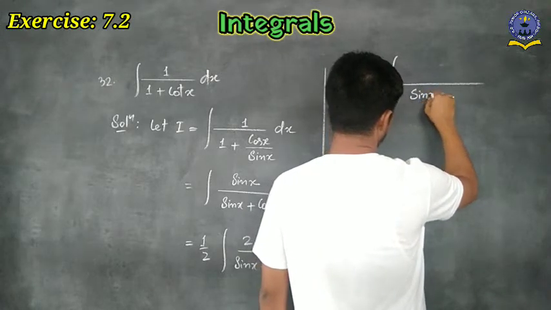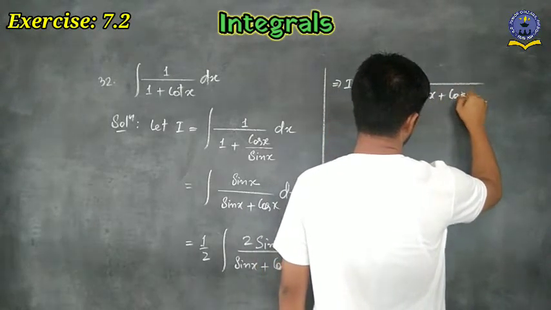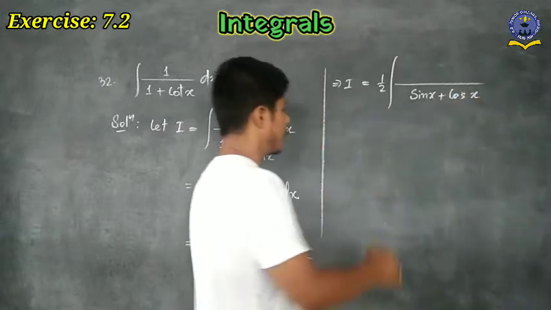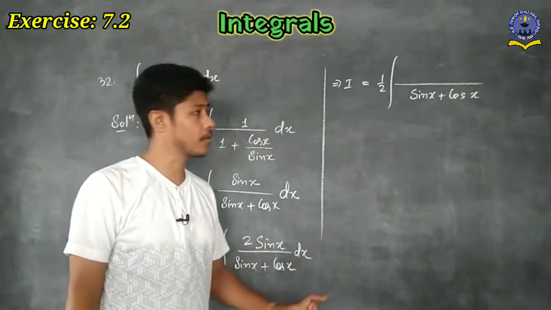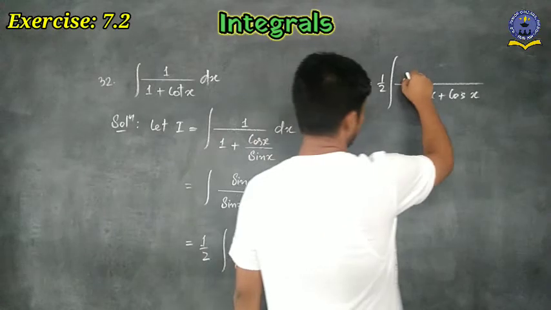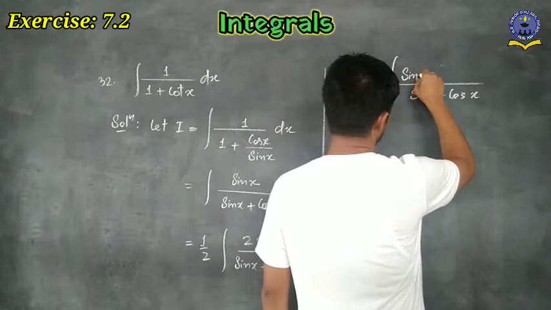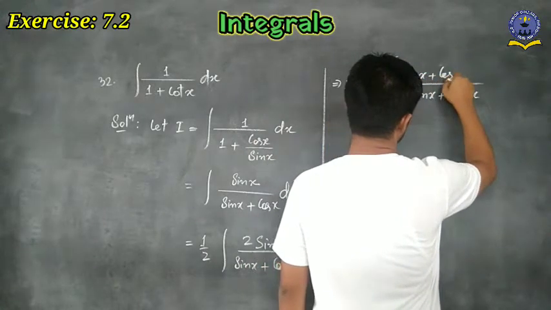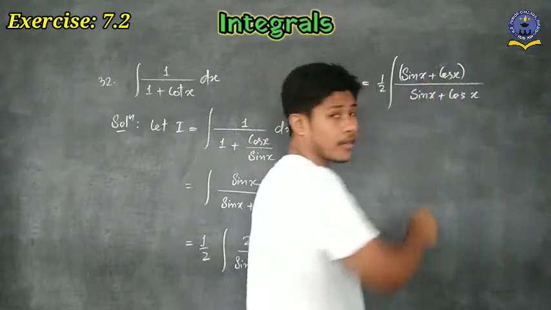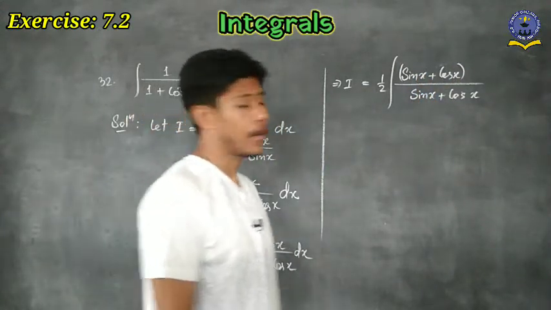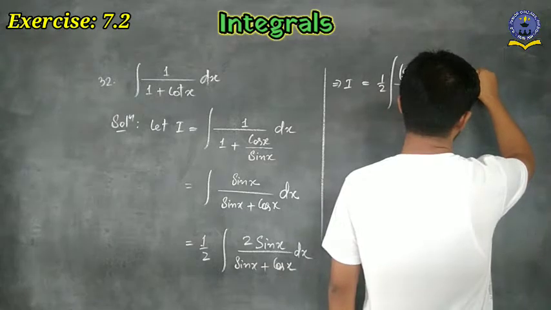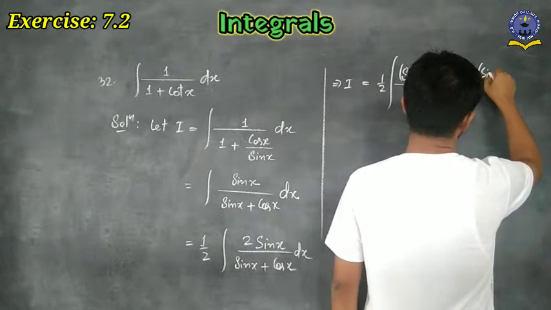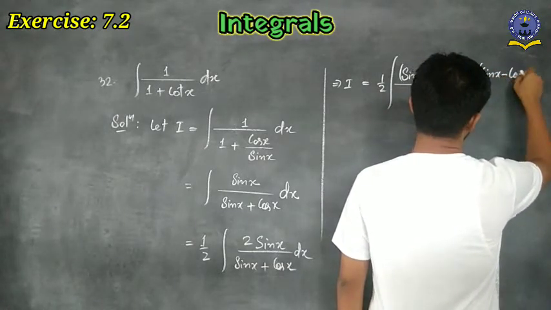Is it clear? In the numerator, what you have to write, you see here, this step is again very important. You have to know this: first we have to write sin x plus cos x, is it clear? And then we have to write plus sin x minus cos x.